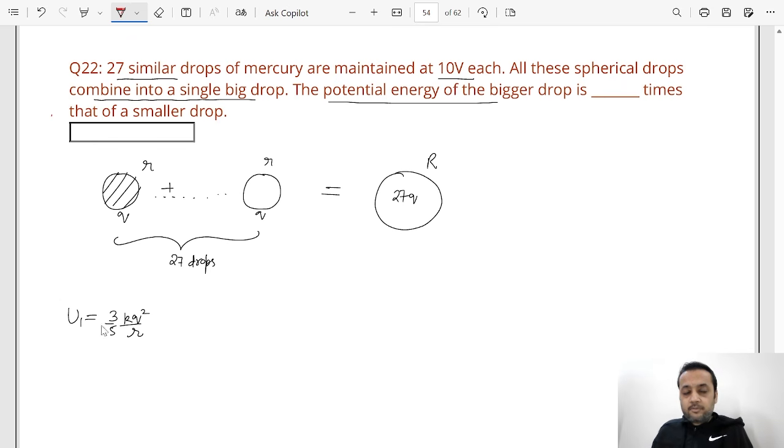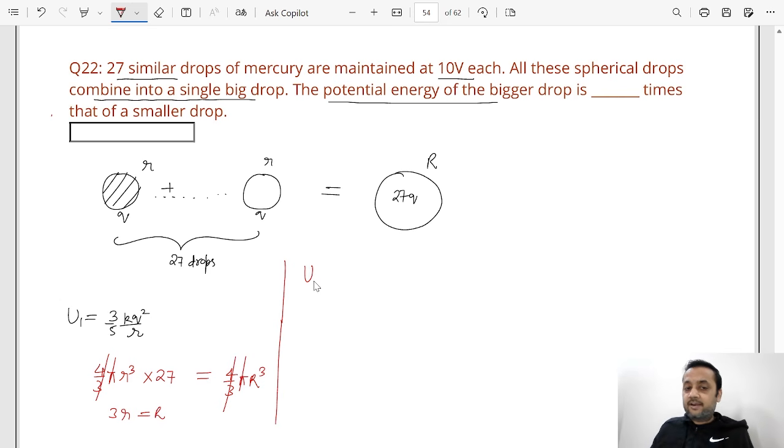So 4 by 3 pi r cube multiplied by 27 equals 4 by 3 pi capital R cube, the volume of the one big drop. The 4 by 3 pi cancels. If you take the cube root, R cube becomes R, 27 becomes 3, and capital R cube becomes capital R. That means the radius of the bigger drop is 3 times the smaller drop.